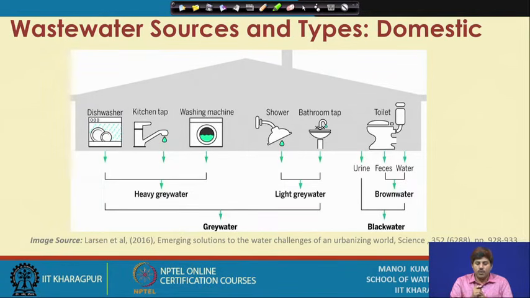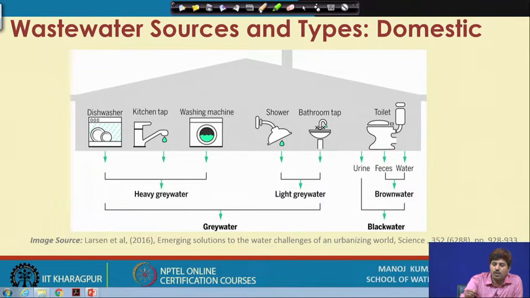What we were just discussing is that we often have color coding for such systems. Normally, the water coming from the dishwasher, kitchen tap and washing machines is known as heavy grey water. Why is it heavy grey water?